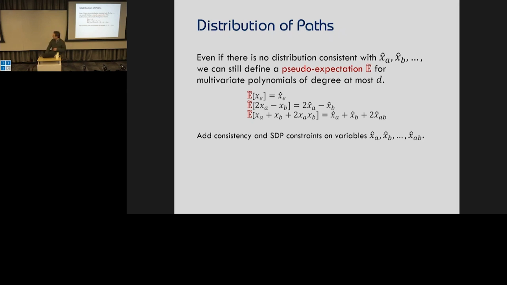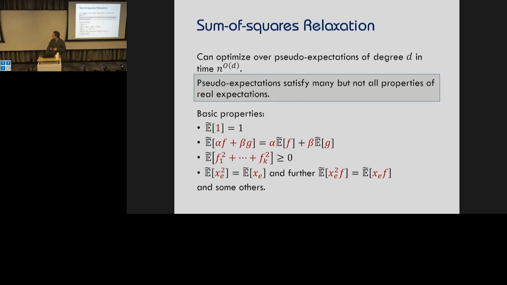We also add some SDP constraints, and we solve and find these x hat variables, and they define a pseudo expectation. There is a standard way to do that. I'm not going to describe it, but the key point here is that we can find an optimal pseudo expectation of degree d in time n to the power of big O of d. And this pseudo expectation will satisfy many, but not all properties of a real expectation.